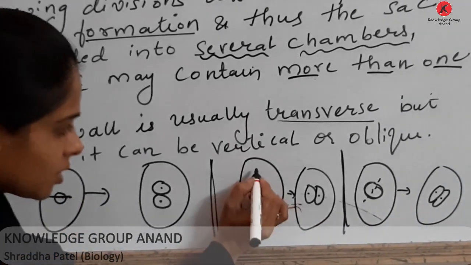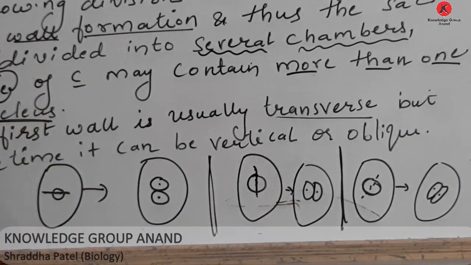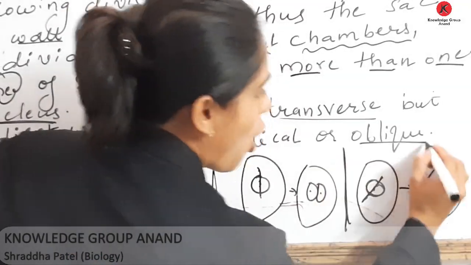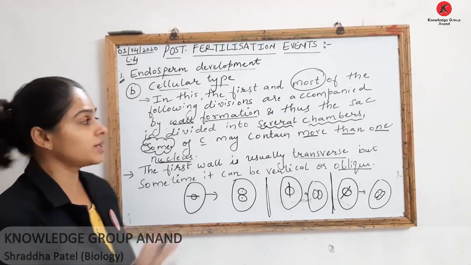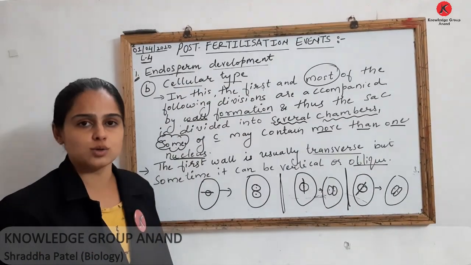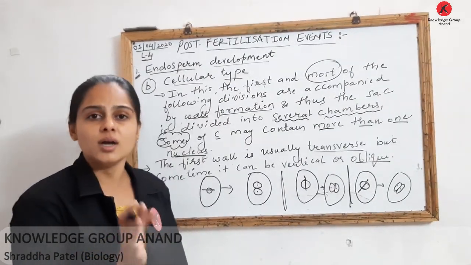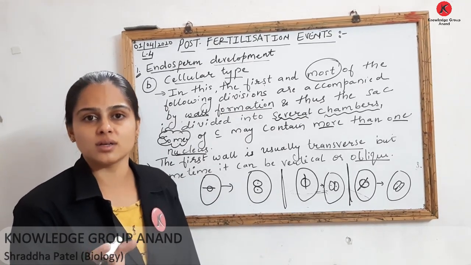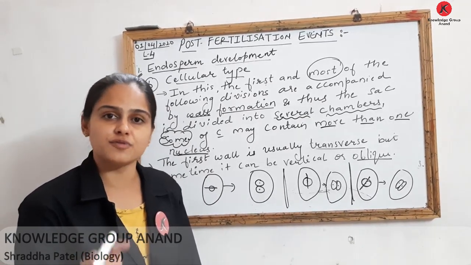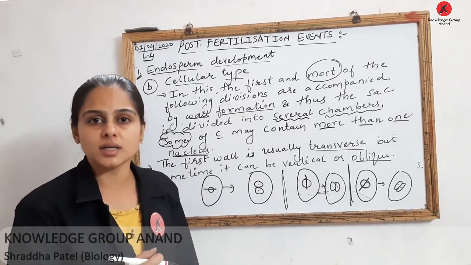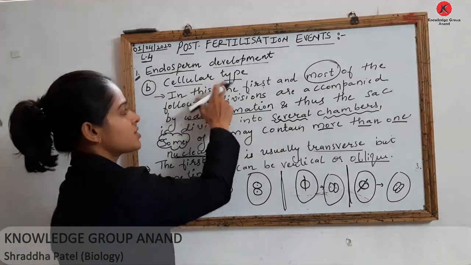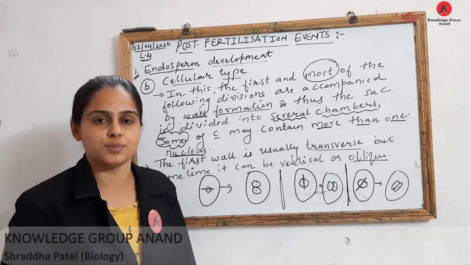Transverse, this is your vertical and this is your oblique cell wall formation. Simple as that. तो ये क्या हो गया आपका cellular endosperm. Once again let me remind you, in coconut what you are drinking, tender coconut water, is free nuclear endosperm, and the white kernel which we are eating is your cellular type of endosperm.